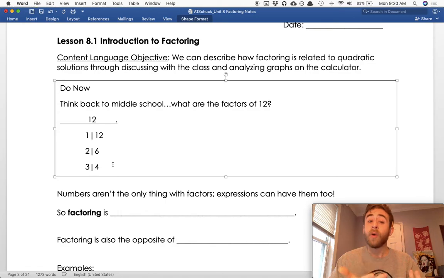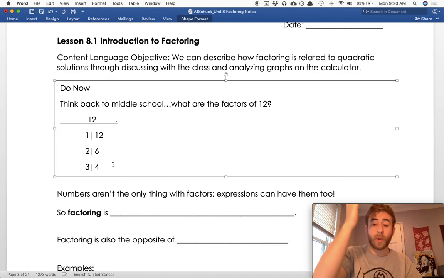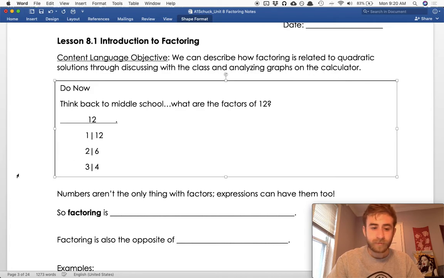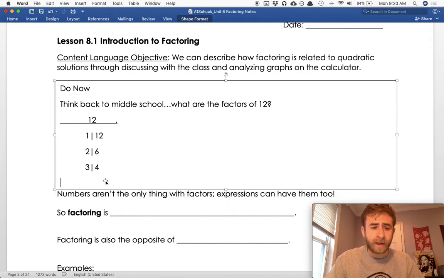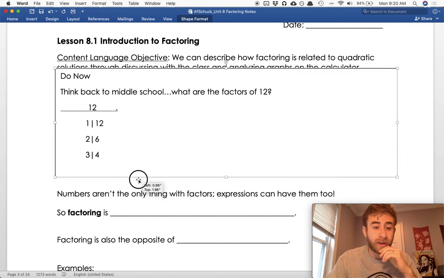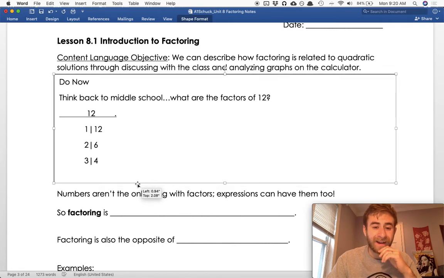And this is how you know that you're done finding the factors if you're just going one at a time: you go to the next number, and if the next number already exists in your list, so I have 4, but I already see that there's a 4 right over here, that means I know I've found all the factors. So the list of the factors for 12 are 1 and 12, 2 and 6, and 3 and 4.